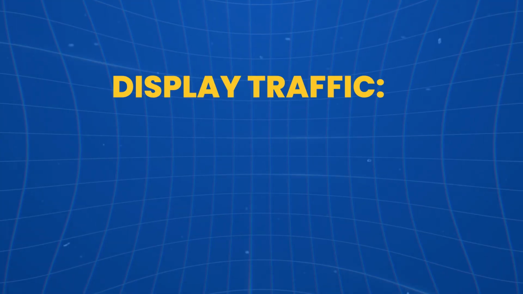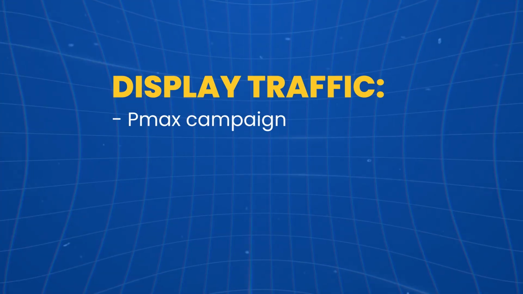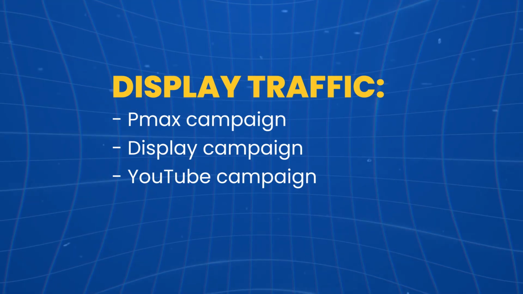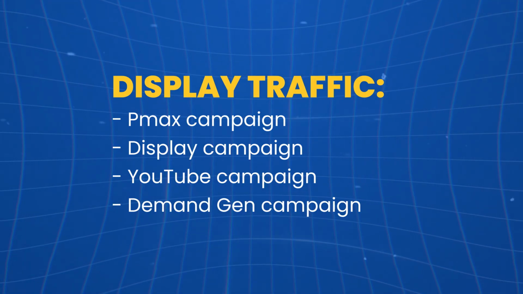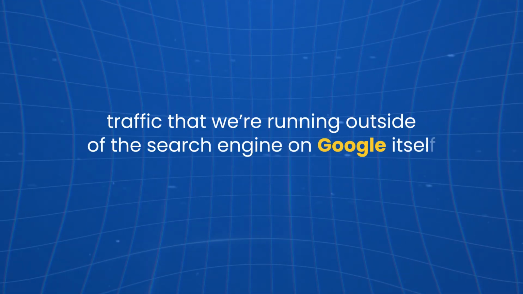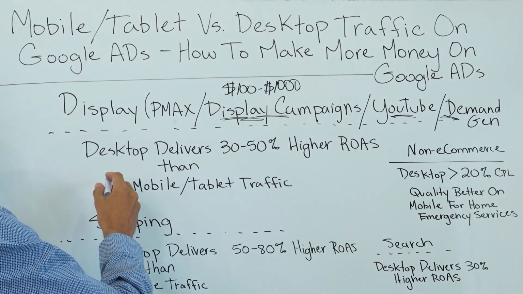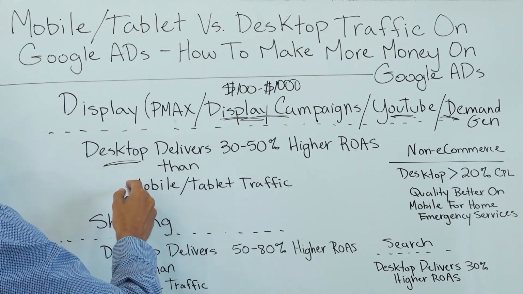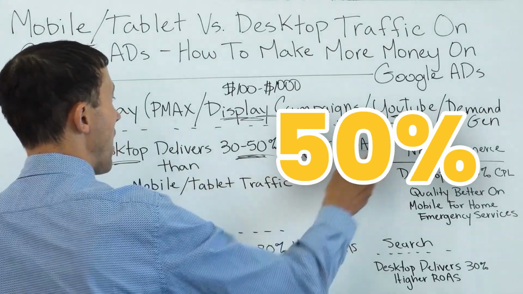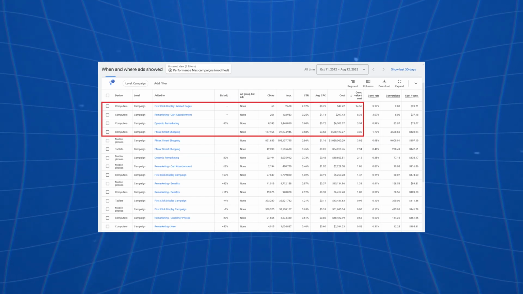In that case, display traffic, that is PMAX campaigns, which are heavy display traffic, display campaigns themselves, YouTube campaigns, and demand gen campaigns. So we're talking about, again, traffic that we're running outside of the search engine on Google itself, google.com. Typically in that situation, desktop traffic is going to deliver 30 to 50% higher ROAS or ROI on your ad spend than mobile and tablet traffic.